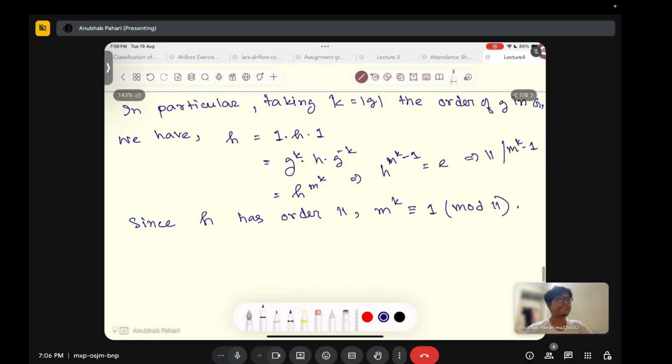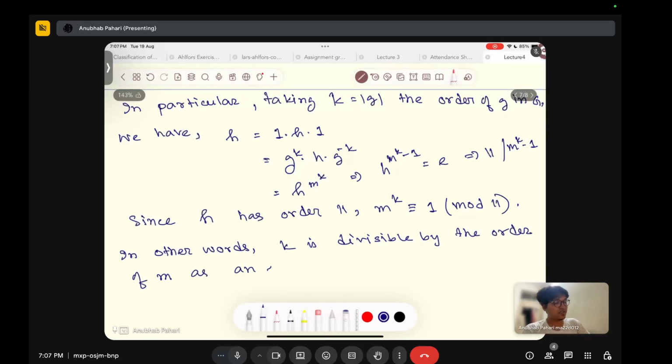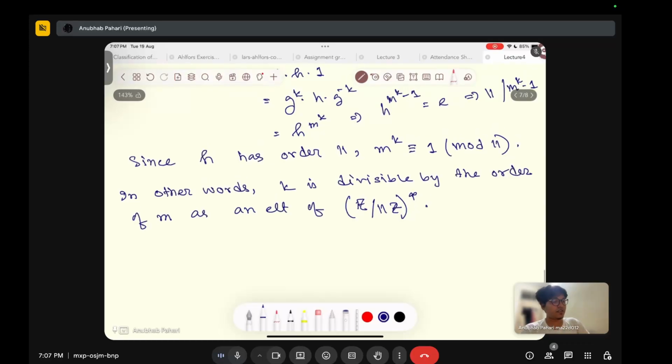Okay, so in other words, k is divisible by the order of m as an element of (Z/11Z) star, but this is a group of order 10 and m is not identity.